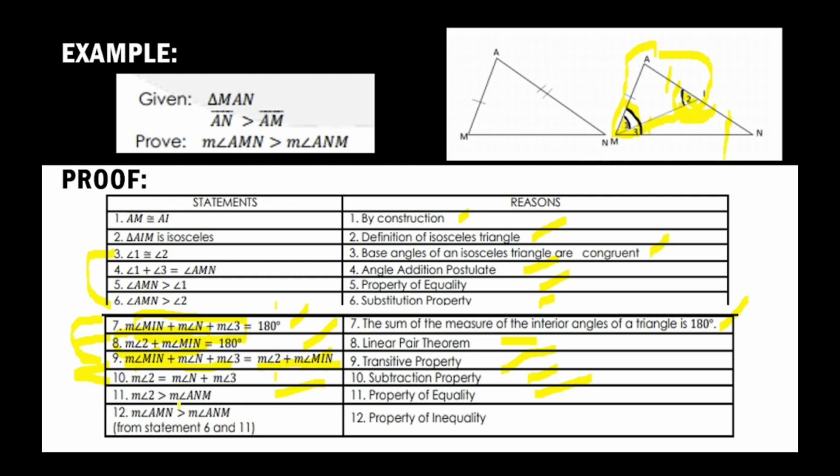That is from statement 6 and statement 11. In statement 6, we replaced angle 2 with AMN, and the angle is ANM. So the measure of angle AMN is greater than the measure of angle ANM. That is by the substitution property of inequality. That is number 12.